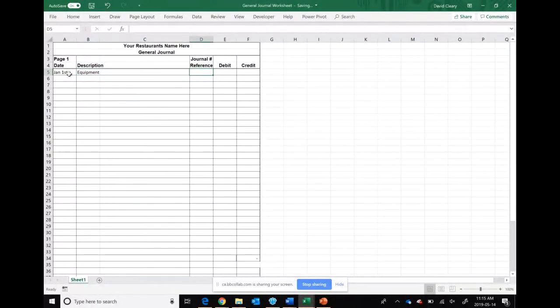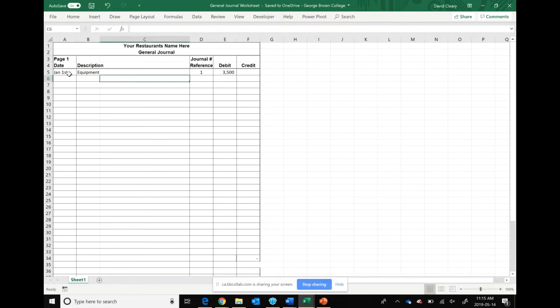Let's say our journal reference, because we have no particular reference number here, let's say it's journal reference number 1. So how much are we debiting our equipment by? $3,500, exactly. Perfect. Now the next line is where we mention the account that's being credited. Again, debits must equal credits. We've already debited something, so now we need to credit something.